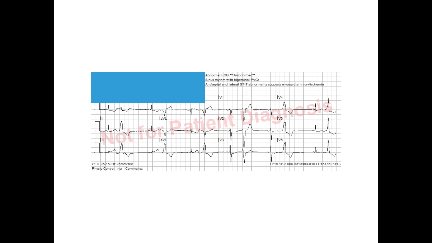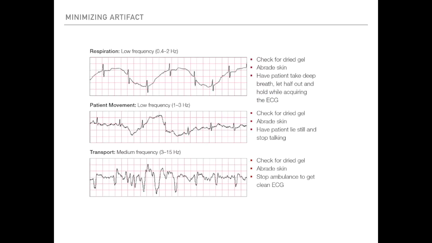There are multiple causes of artifact, and there are a lot of things that you can do to minimize artifact. Now, these are just a few causes. You can see in the top, you can see respiration artifact, where the complexes are just wavy.